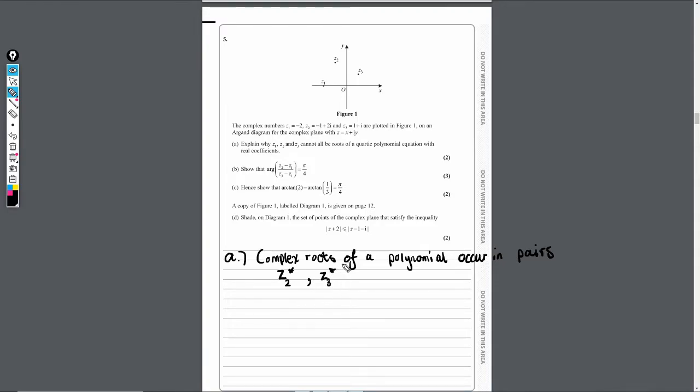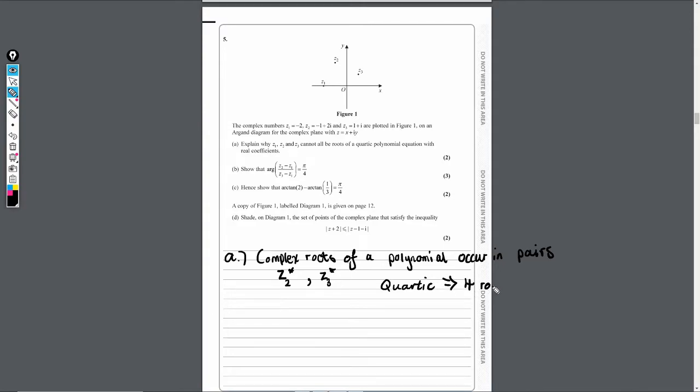So we've got Z2, the conjugate of Z2, the conjugate of Z3, and we've got Z1, Z2 and Z3. So the issue is we've got 5 roots there, but remember a quartic polynomial only has at most 4 roots.